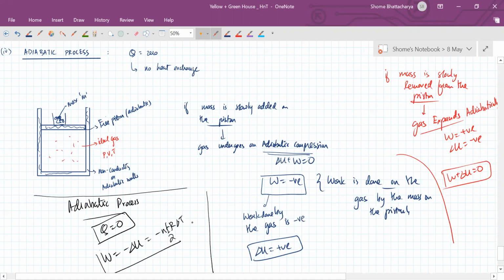But here work done, which is the path function, becomes this, because delta U is the state function. So regardless of whatever process, delta U has this formula.